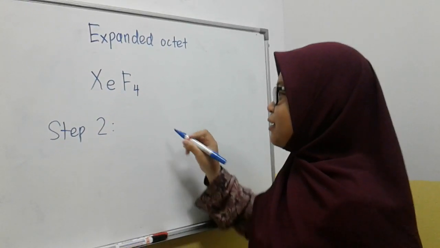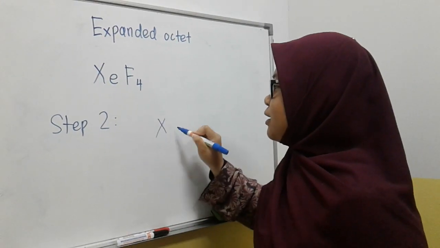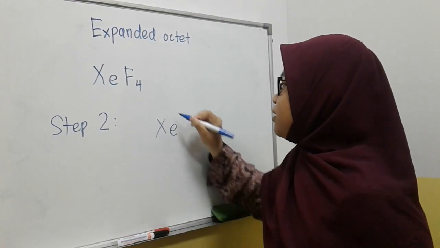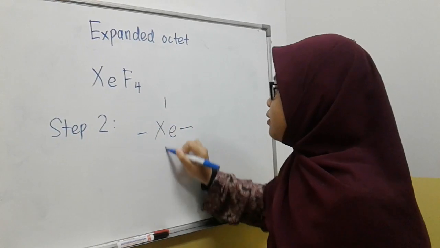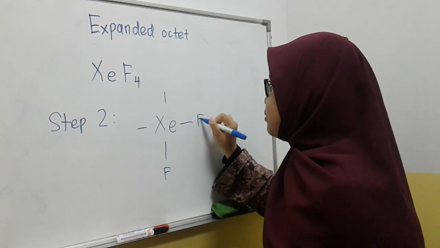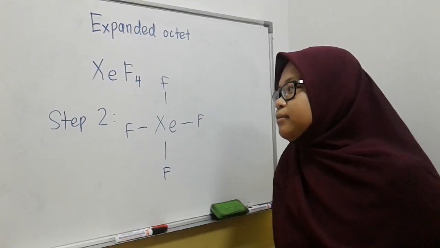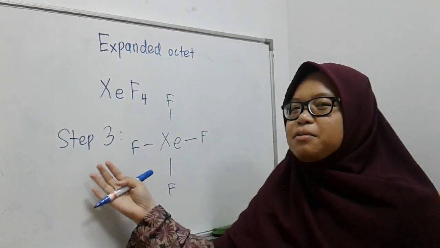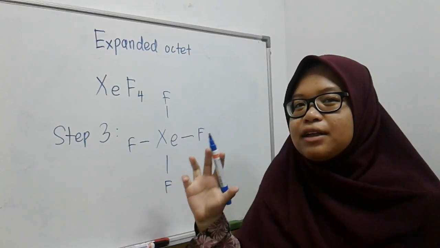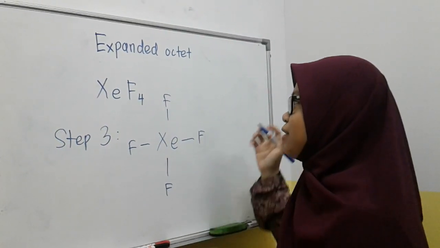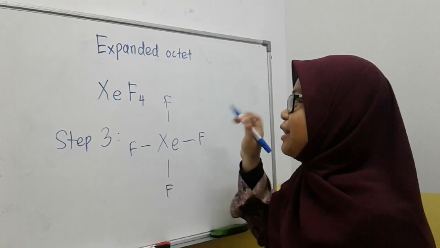For step 2, put the least electronegative atom at the center like this. Then for step 3, put the electrons surrounding the element.